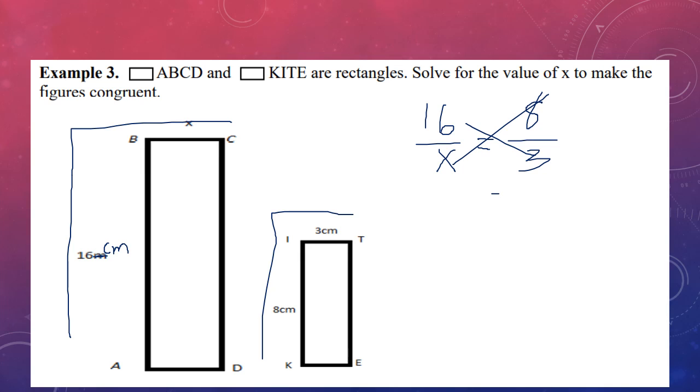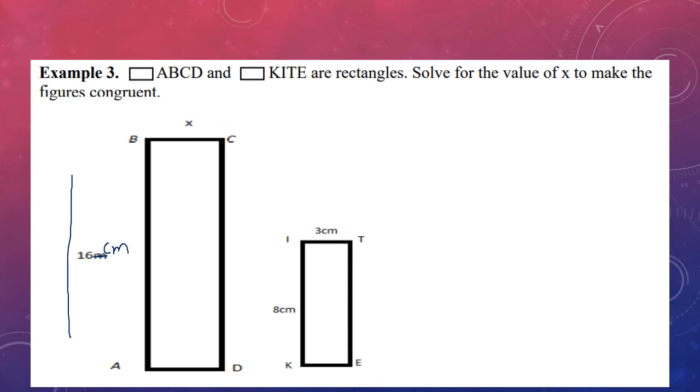There are still other possible formations of this one. So, let's find out. First, you can start here. So, 16. You start with 16 over this second one, 8. Then equals here, which is x.